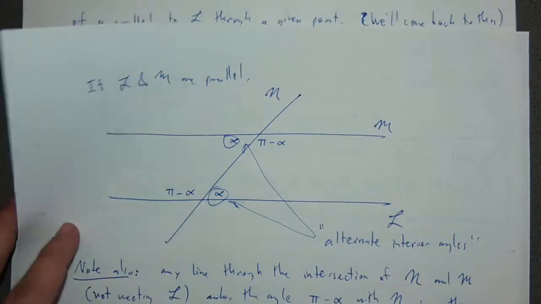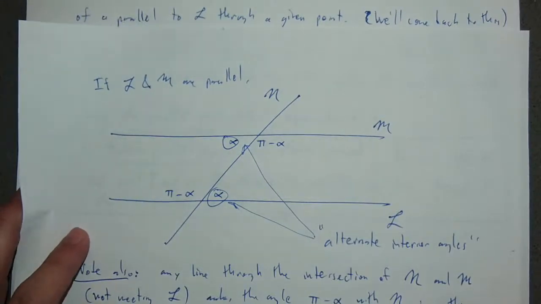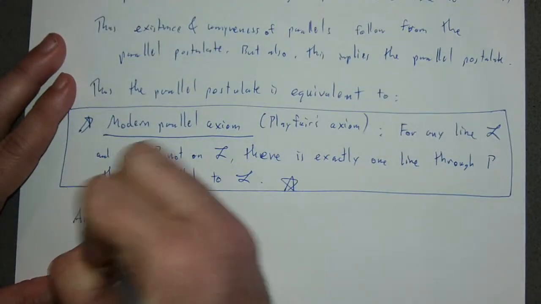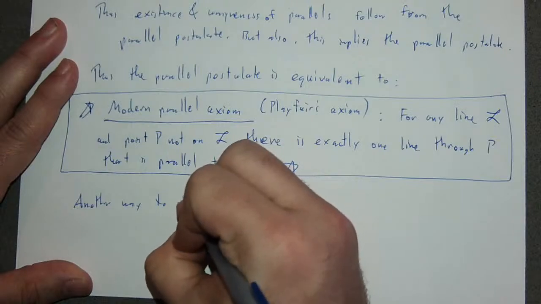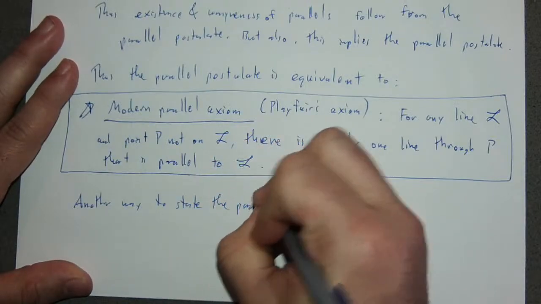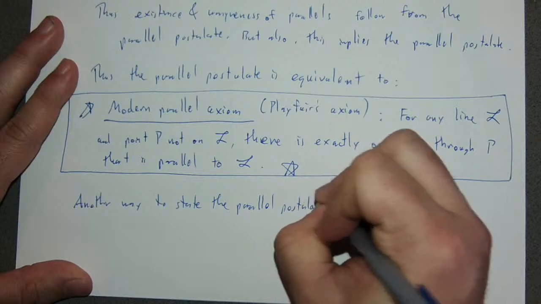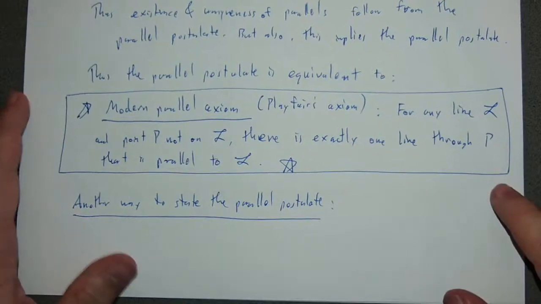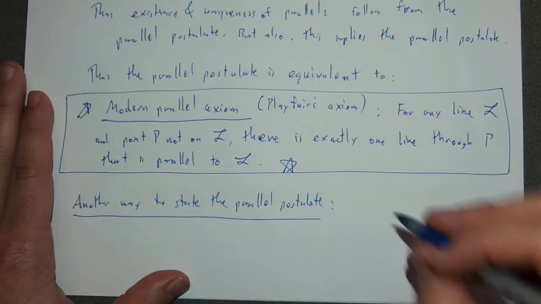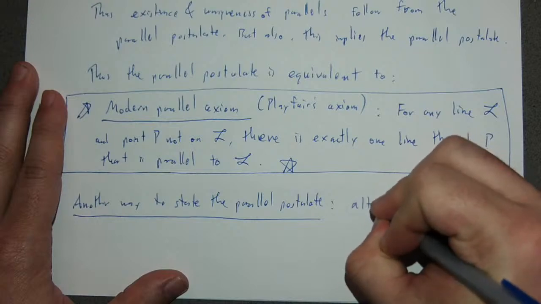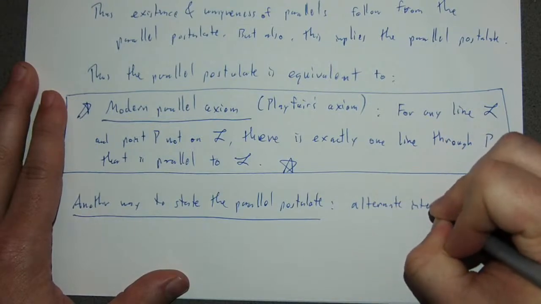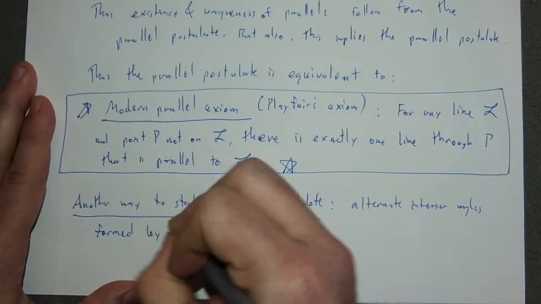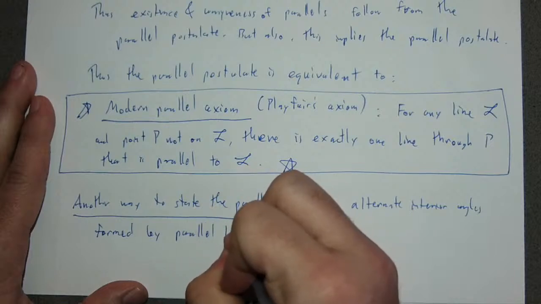Another way to state the parallel postulate, and you could think about why this statement would be equivalent to the original parallel axiom, is the following: alternate interior angles formed by parallel lines are congruent.